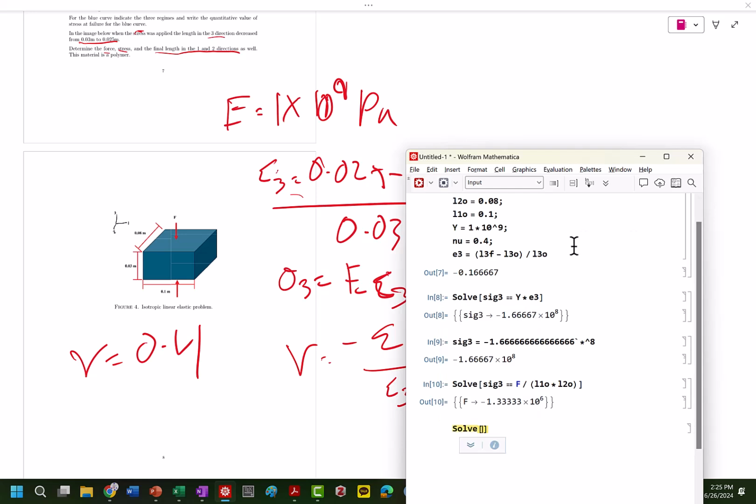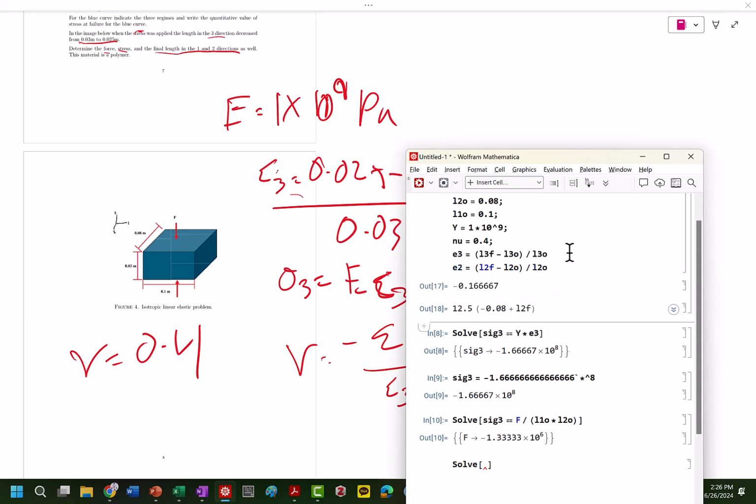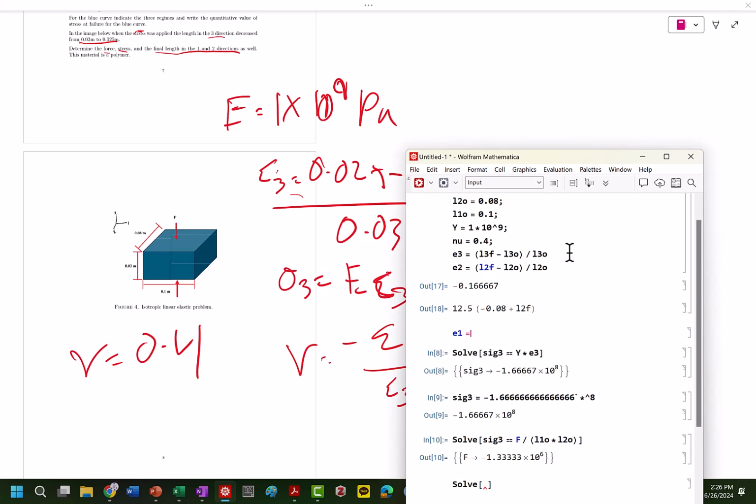Let's write out an expression that E2 equals L2F minus L2 naught, divided by L2 naught. And the same thing with E1 equals L1F minus L1 naught, divided by L1 naught.